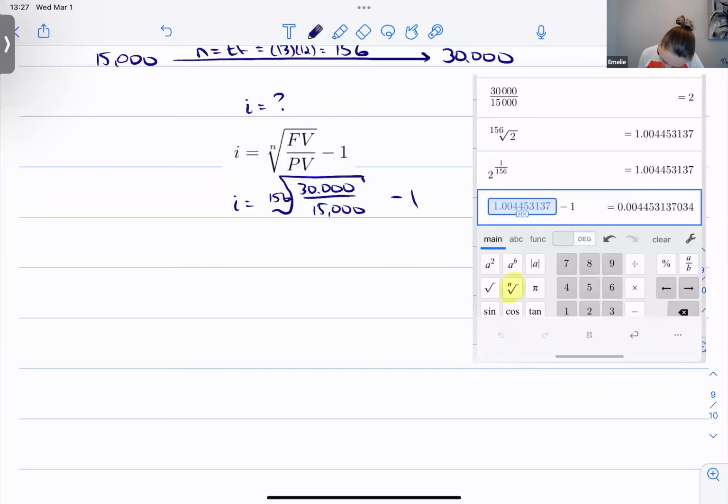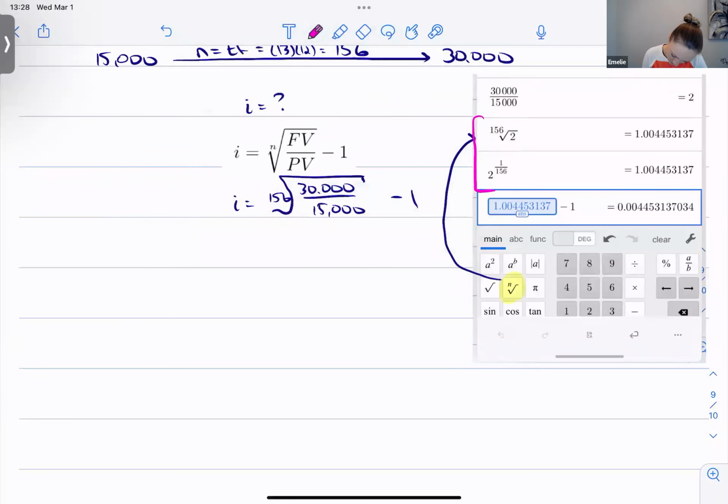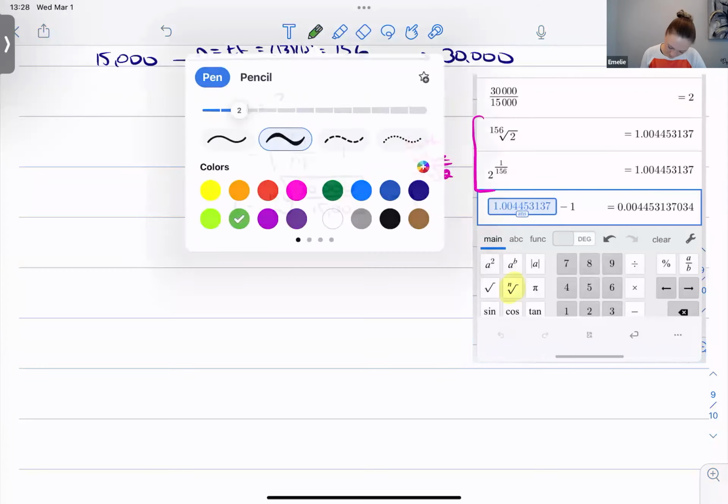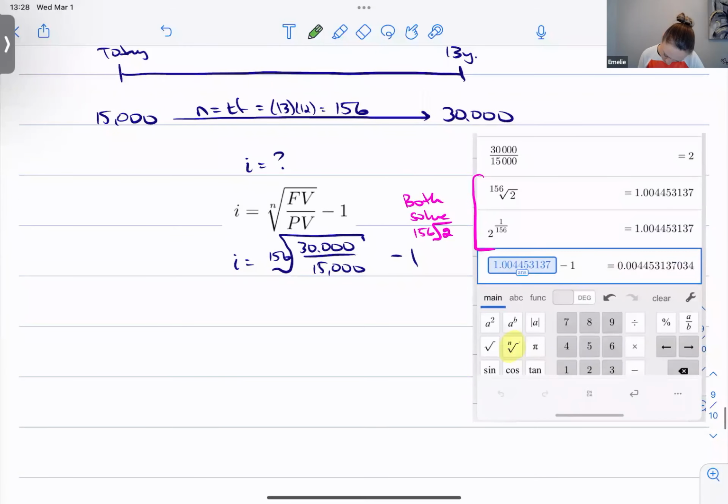All right, so here I use this to solve the 156th root of 2. That's the button I use to get there, right?